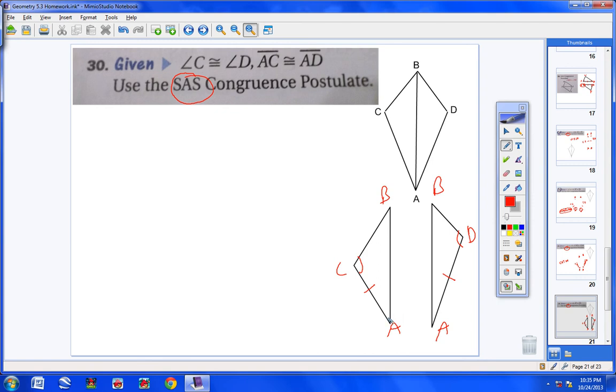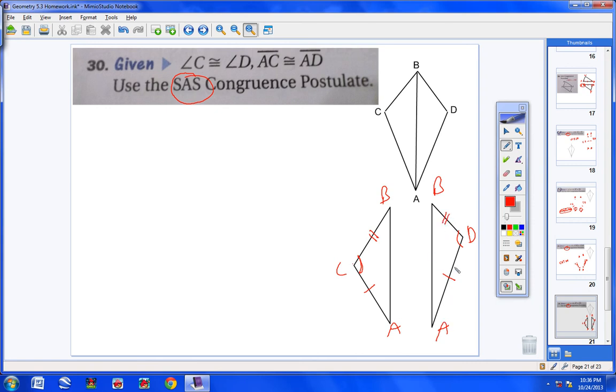Well, look, students, I have a side right here and then an angle. So if I just knew this side right here, I could say side, angle, side, congruent to, here it is, side, angle, side. I wish I knew that CB was congruent to BD.